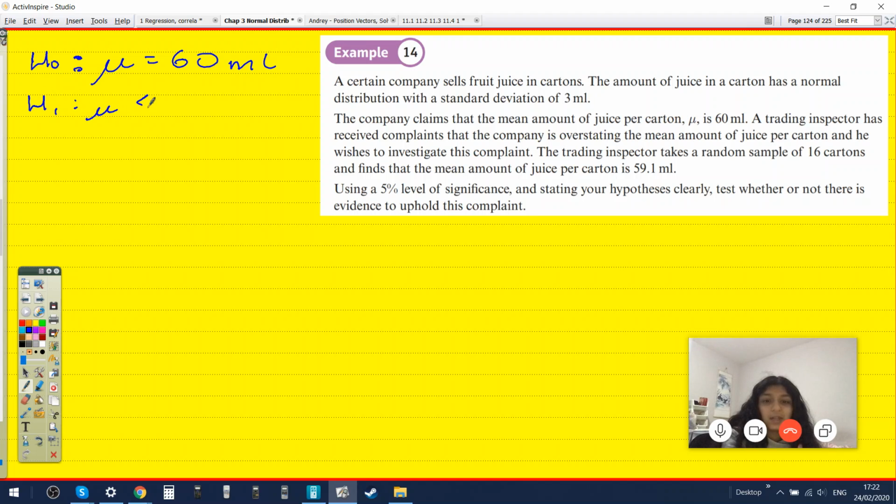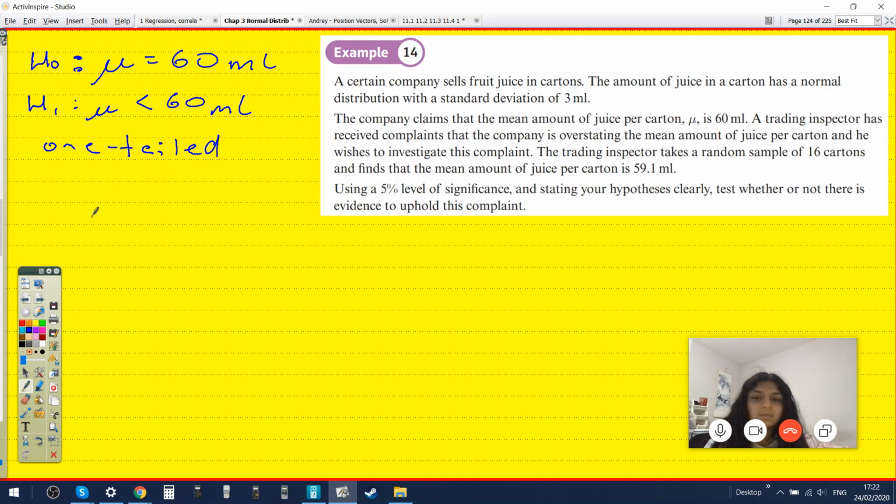So it's one-tailed. And then the mean is 60, and then the standard deviation is 3 squared over 16. Let's see. It says 16 there.